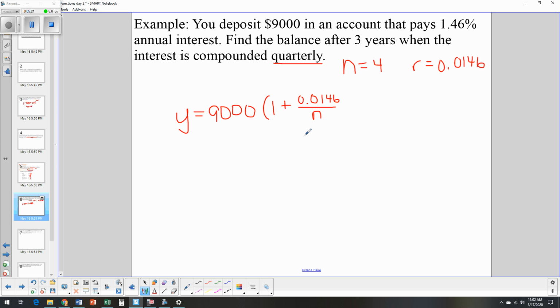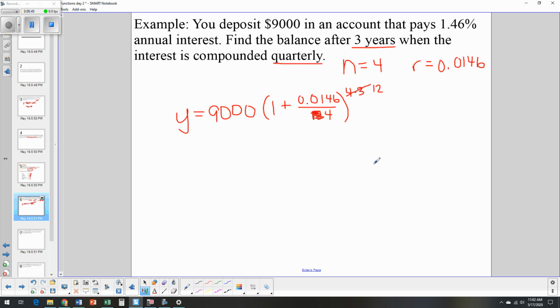Oops, I just wrote that n. Another mistake there. Over n, which is 4, raised to the n times t. T is 3 because it's 3 years, so it's 4 times 3 up here. And if you wanted to rewrite that as 12, you could.